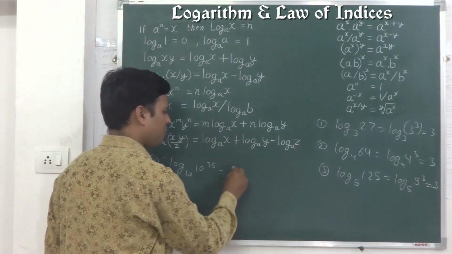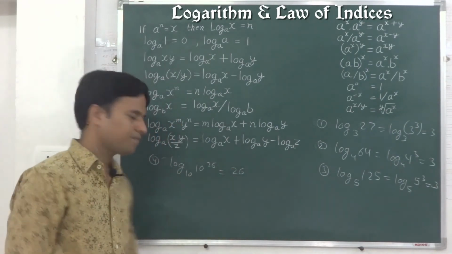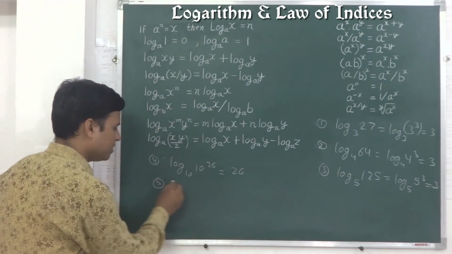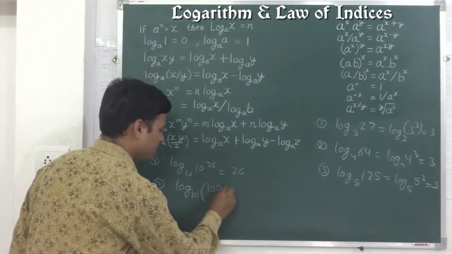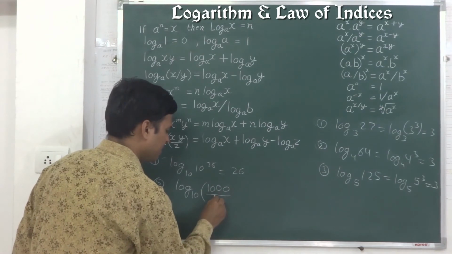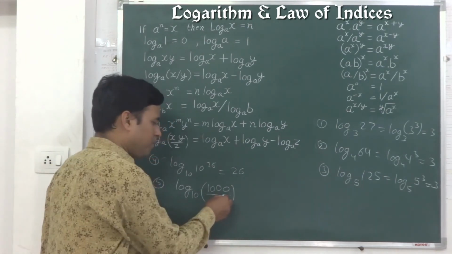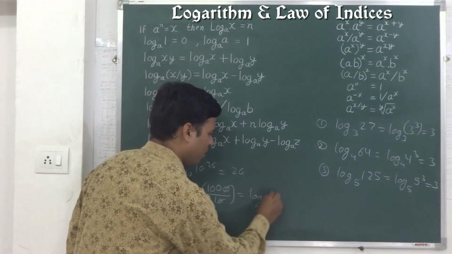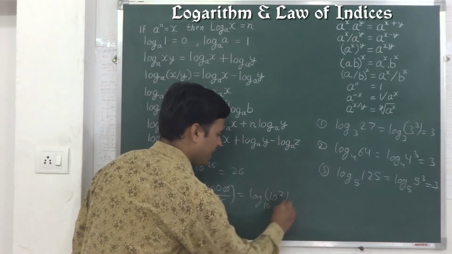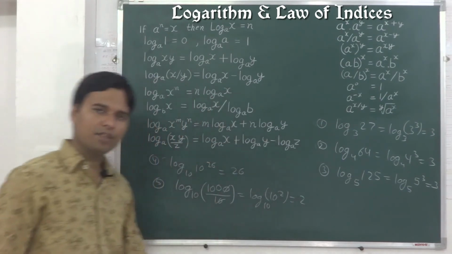It would be equal to 26 only. Now, number 5, log base 10 of 1000 divided by 10. 1 power is cancelled out. So, log base 10 of 100, which can be written as 10 power 2. So, the answer would be 2.